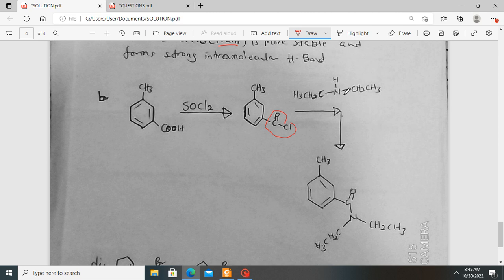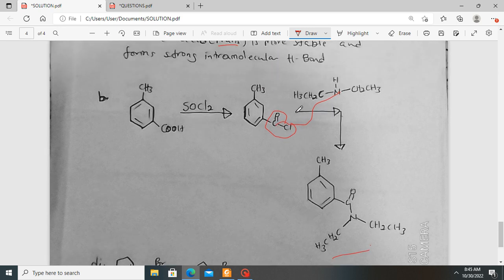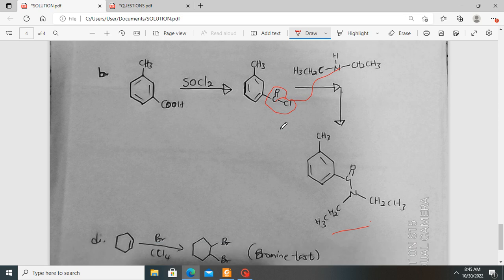If you add this amine, the nitrogen here will react with this carbon and displace this chlorine to form the final repellent. This is the answer. So this is a simple synthetic reaction which has just been 2 steps to get the final product.